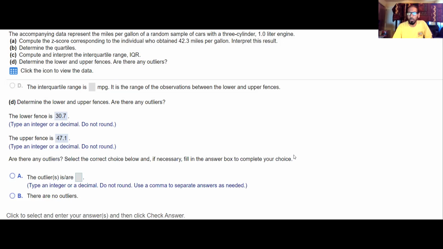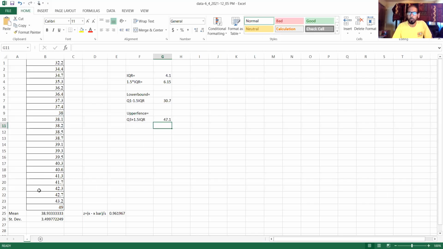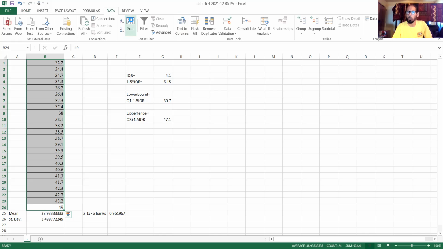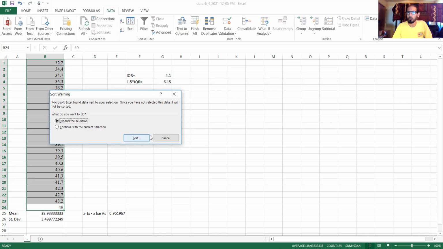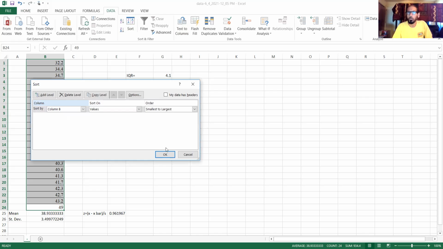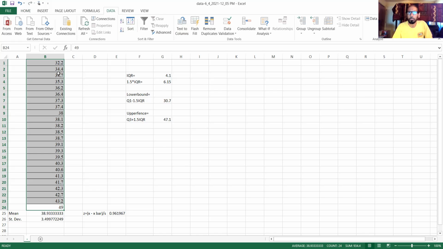So determining whether we might have any potential outliers, if we have anything less than 30.7 or more than 47.1, those would be potential outliers. You could have more than one. Now here, it would be a good idea to have the data in order. Do that here in Excel or on StatCrunch. Go from smallest to largest here.